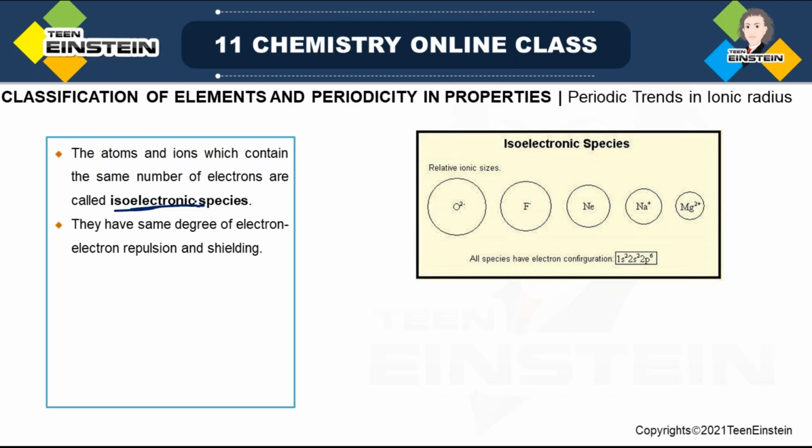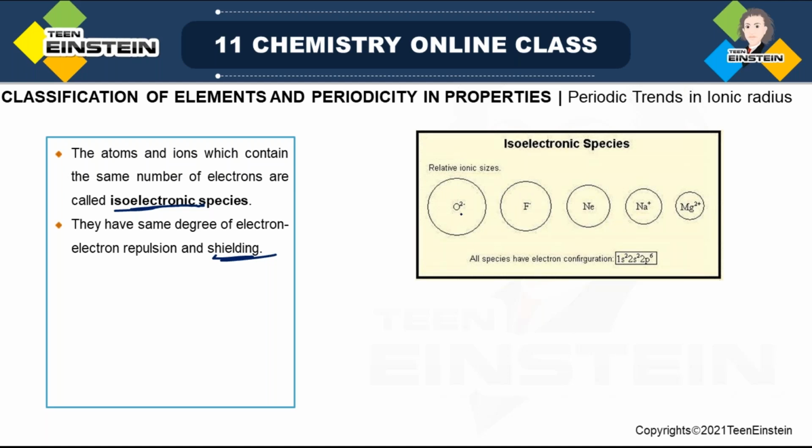So atoms or ions containing the same number of electrons will be called isoelectronic species. As they have the same number of electrons, obviously you can expect them to have the same degree of electron-electron repulsion and also shielding.